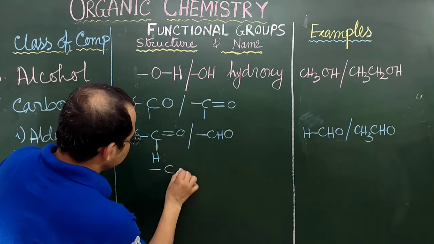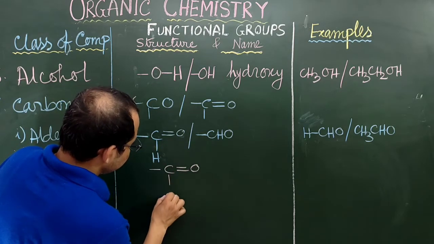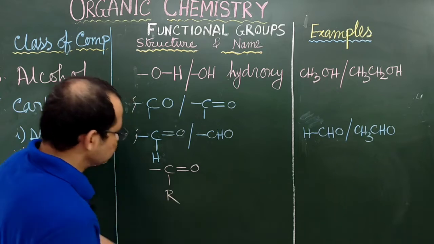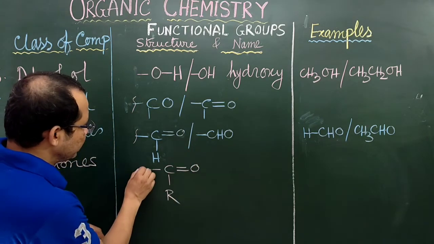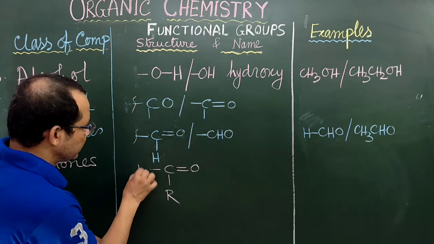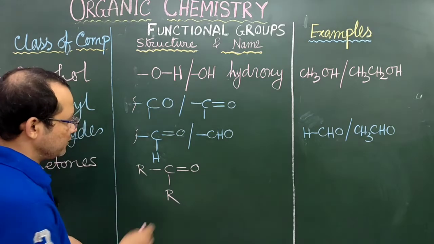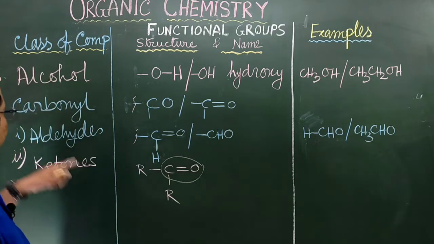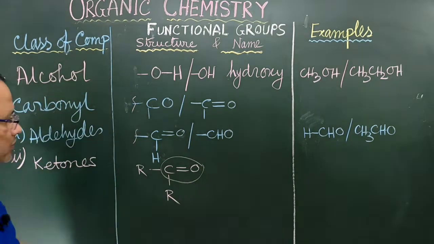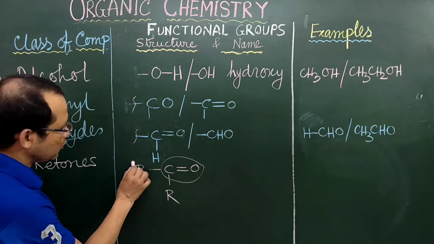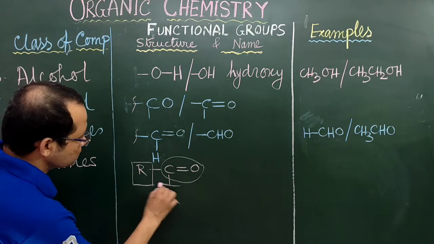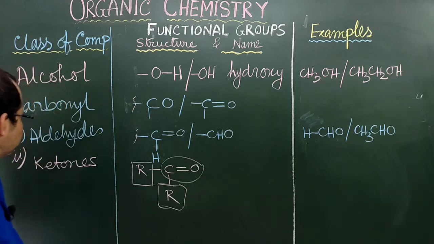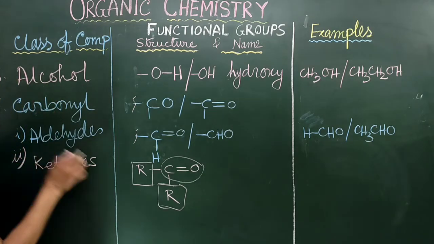So this will be the functional group, and here essentially another R group will be there. Due to the presence of this, it is one carbonyl compound, and due to the presence of two R groups, this carbonyl group is specifically known as ketones.